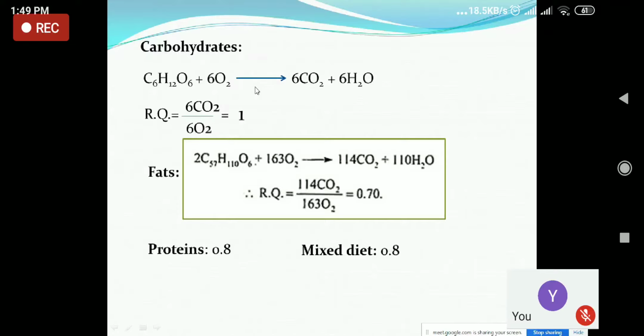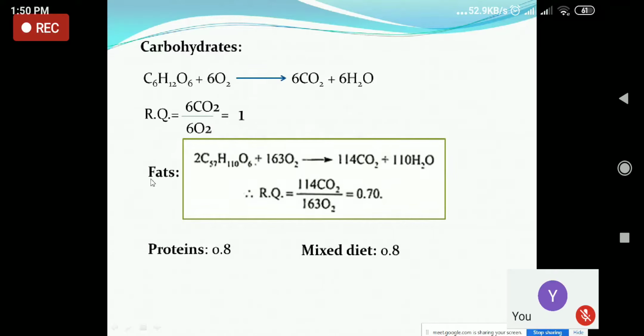This reaction shows the oxidation of glucose, and you balance both sides, and you can see the amount of carbon dioxide expired and amount of oxygen consumed. You divide the amount of carbon dioxide expired by amount of oxygen consumed, and you get 1. So the respiratory quotient of carbohydrates is 1.